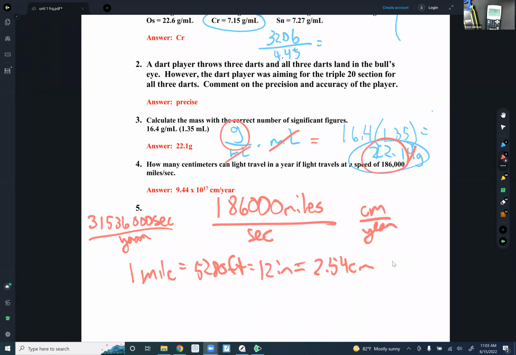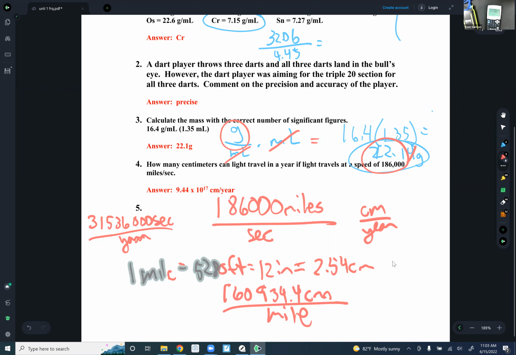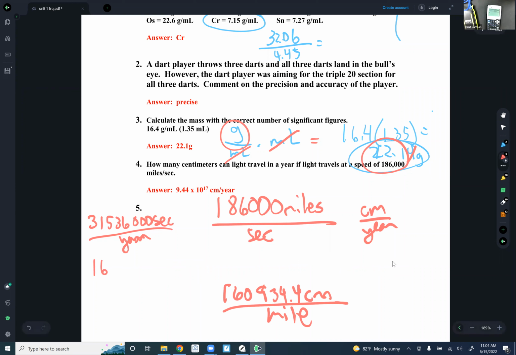So for every mile, there are, well, here, I'll put it in this terms, 160,934.4 centimeters per mile. Okay, now I have my two conversions. This is the process for dimensional analysis. So I'm going to put this again over here in the corner, 160,934.4 centimeters per mile. And now we're going to utilize all of this to do our dimensional analysis of centimeters per year.